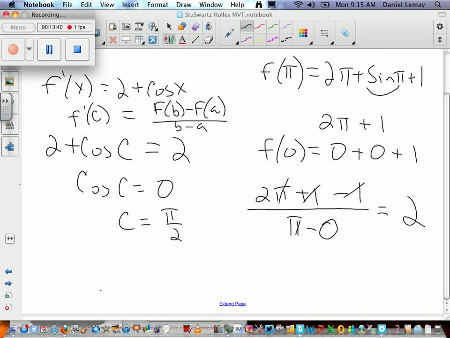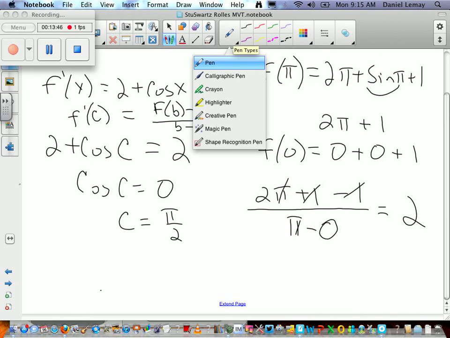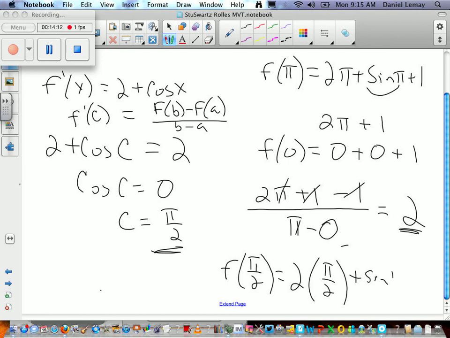So what we're going to do is, I know the slope of that. I know where the slope's parallel. I know the slope is 2, and there's my x. Now I just got to find the y for that point, the point on the curve where the slope is parallel. So I know x is pi over 2. So what's f of pi over 2? f of pi over 2 is 2 times pi over 2 plus the sine of pi over 2 plus 1.